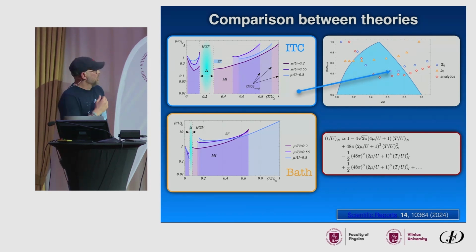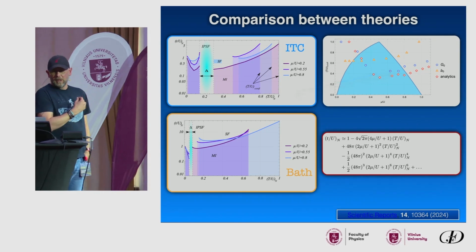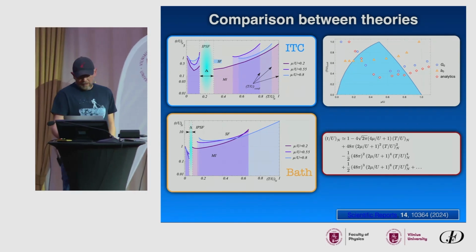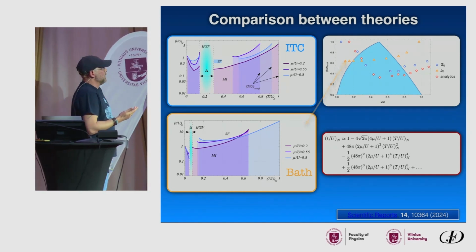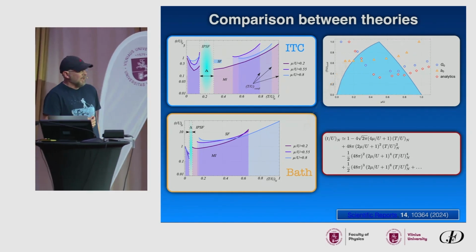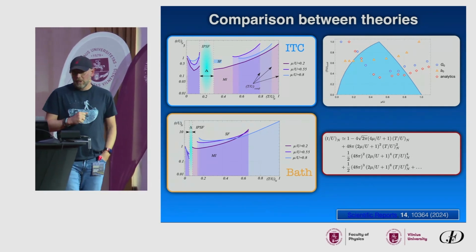This is the line from the imaginary time correlations. It's almost the same. This is from the critical line equation, not from the Green's function. And this is just the bath. So it means that it actually didn't catch the properties of the system properly.